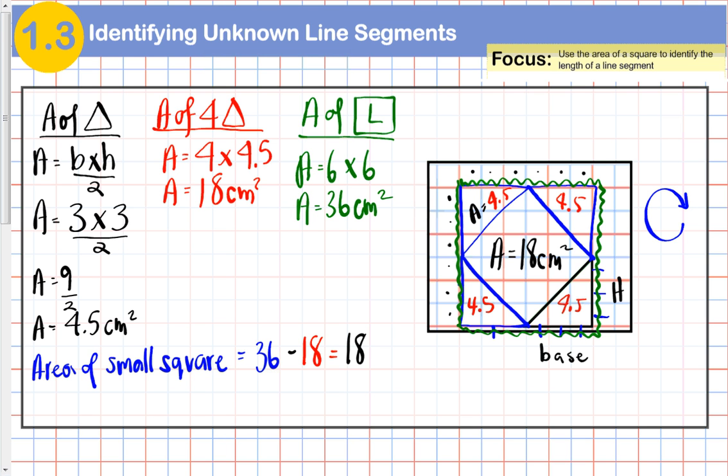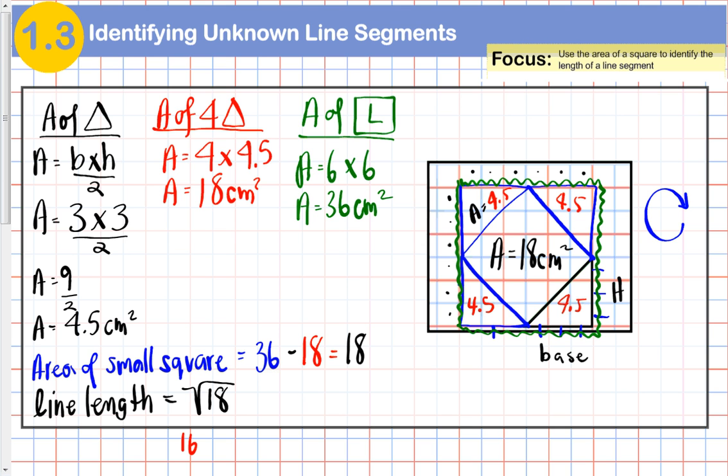What we need to do now is find the square root of 18. Our unknown line length is equal to the square root of our small square, which we've identified as 18. Now in class, we had a couple of people who did this, and I think it's a great idea. For the square root of 18, on the lower side, the next perfect square is 16, so I would just put a little 16 down here.